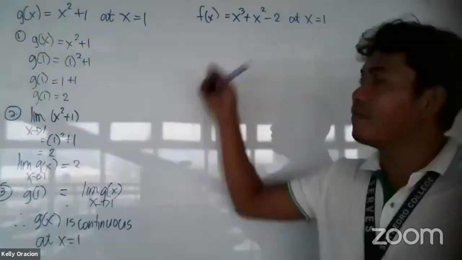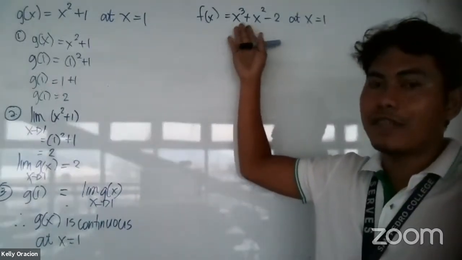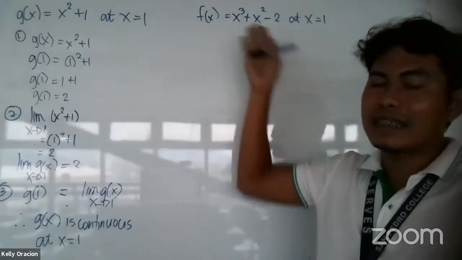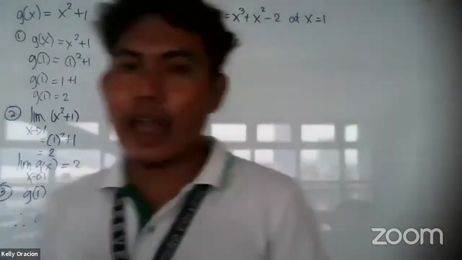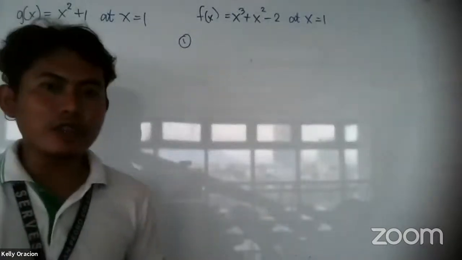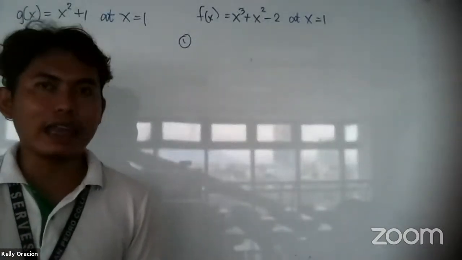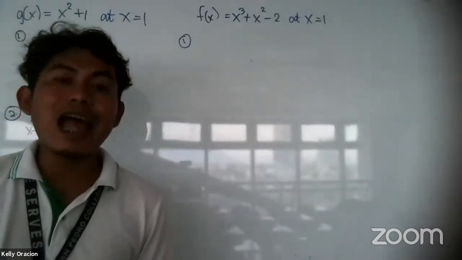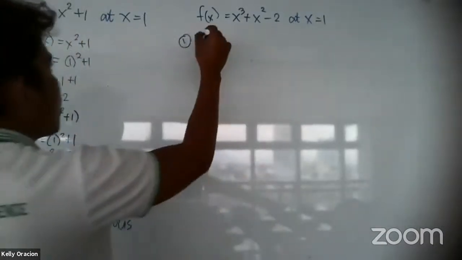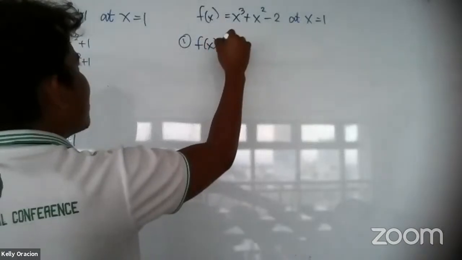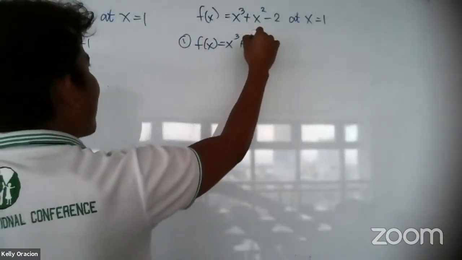Okay, let's have another example. The first condition is just to substitute. So f of x is equal to x cubed plus x squared minus 2.